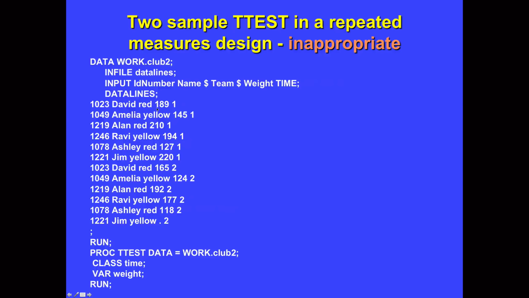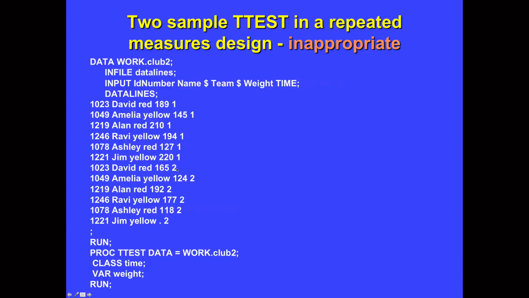He has a start weight of 189, and the last variable in the data set is time. This is time 1, and for the first several observations we're inputting their time 1 value, and then all of the participants are input again, constituting an additional row for each individual, corresponding to their time 2, or in other words, their end weight.